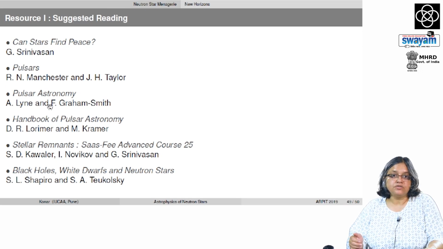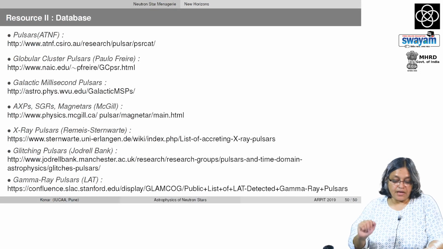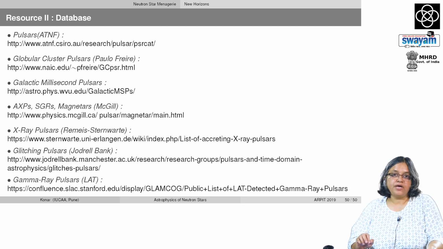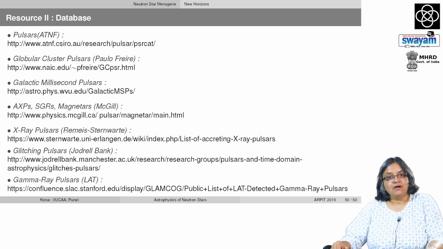These are some books which have been listed, and here is a list of neutron star databases where you would find current data from various observatories in different energy bands, and you can actually go to these databases, download the data, and devise your own little projects, and maybe that would help you understand the physics even better.